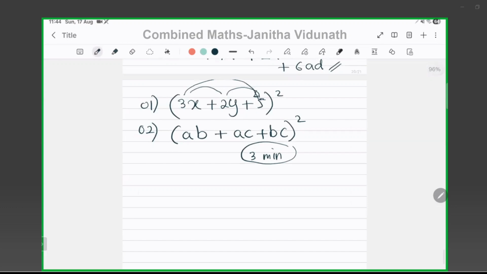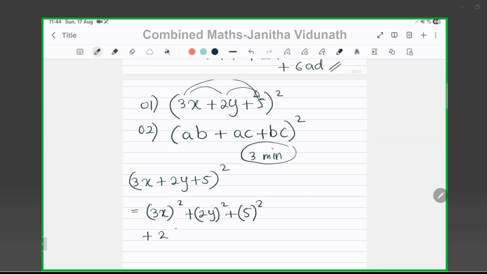I will do the two questions. Here first we have (3x + 2y + 5) whole square. Then the answer is square of the first term, square of the second term plus square of the last term. Then we get 2 times first term times second term plus 2 times second term times third term plus 2 times first term and the last term.